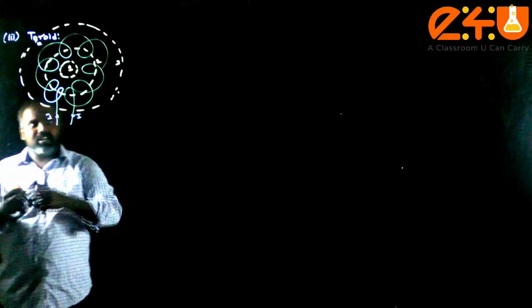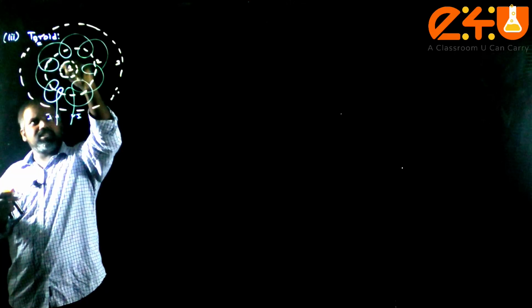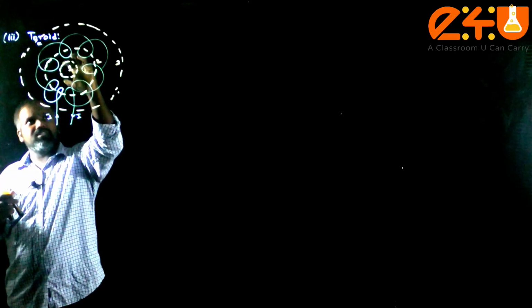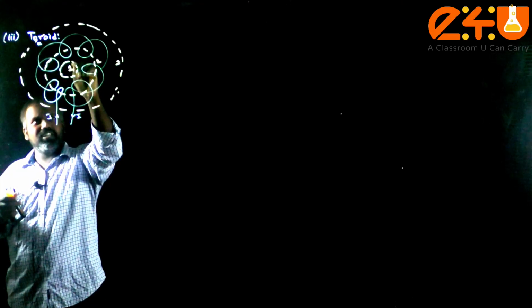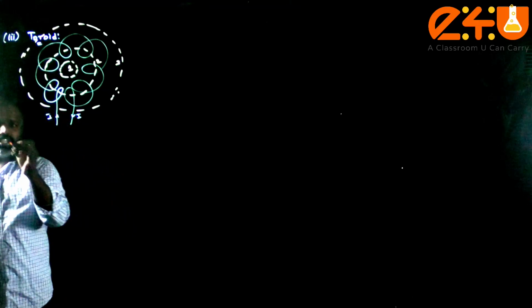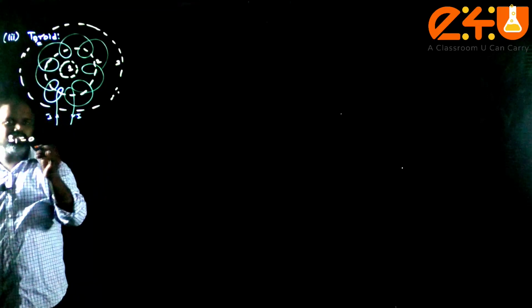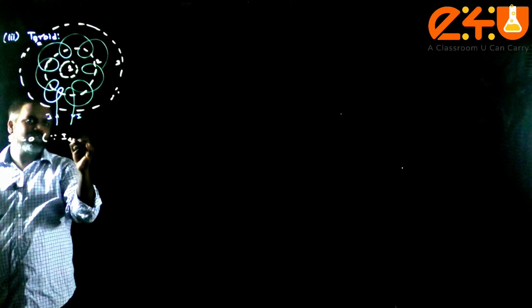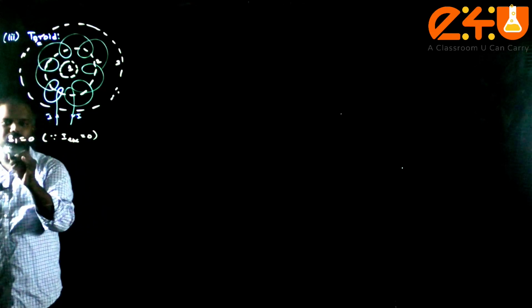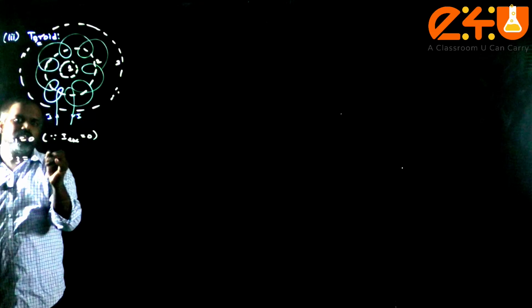In region 1, the Amperian loop does not enclose any current, therefore I enclosed is 0. Therefore B1, the magnetic field at region 1, will be 0, since I enclosed is 0. B3 is also 0.